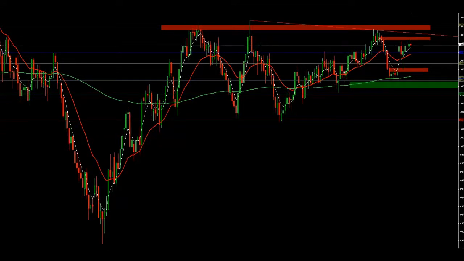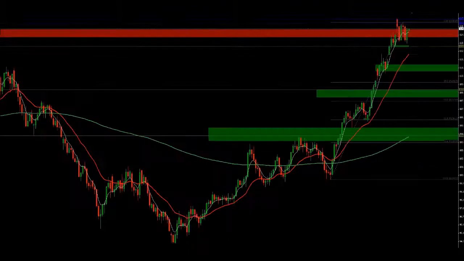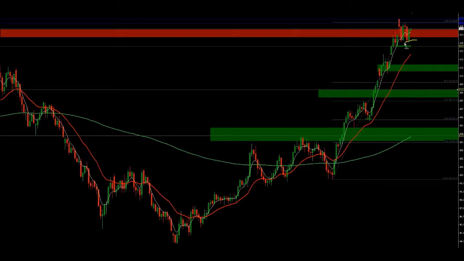So moving forward, we're going to take a look at the Euro Yen. I tell you what, 113.20, close enough. Yes, we want to pull back. Everybody wants to pull back to 112.40 or 111.90. Everybody does, right?